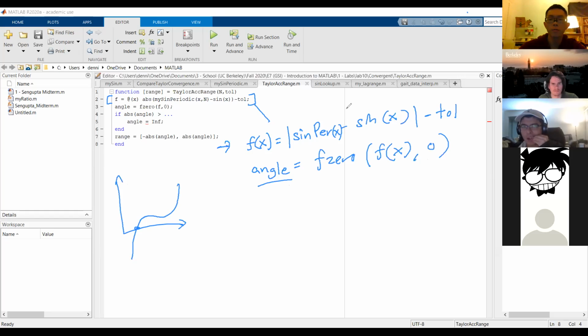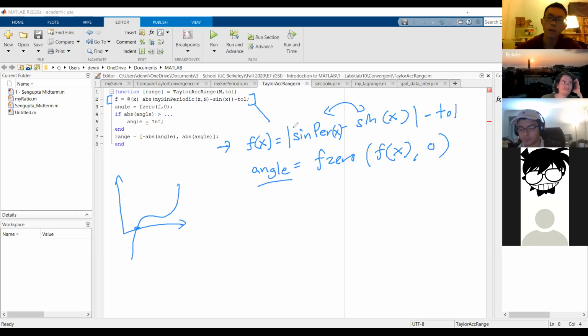And what this says is the error between our guess, our sine periodic that we did in 1.3, versus the actual value of sine, we're going to compare these, and what angle is going to give us, if I'm reading this correctly, when is this going to give us a perfect match, right?